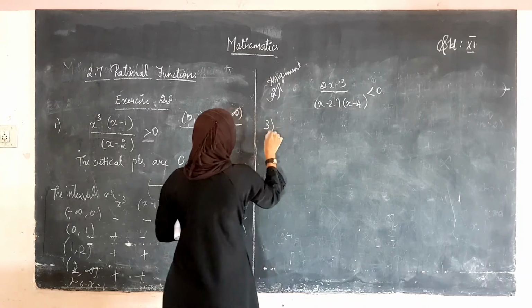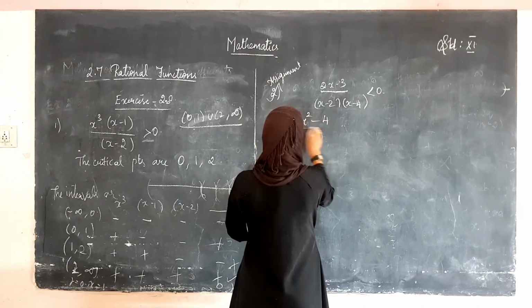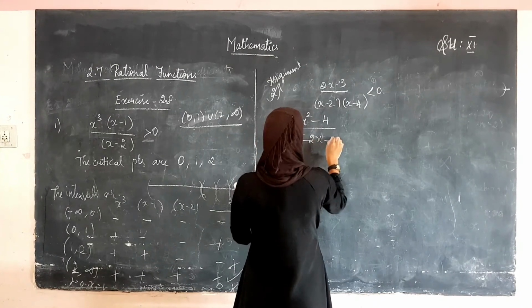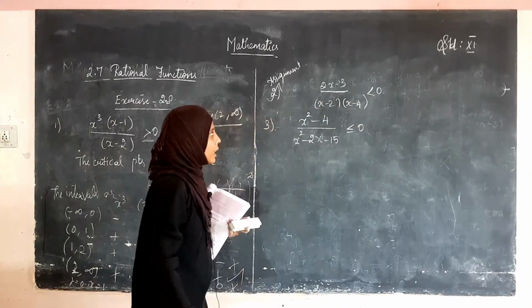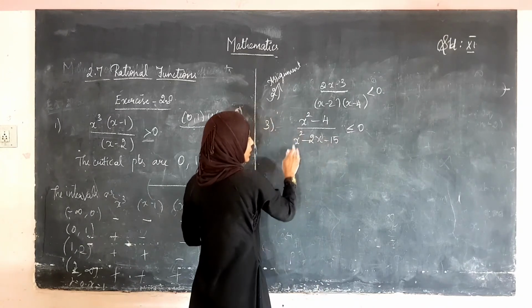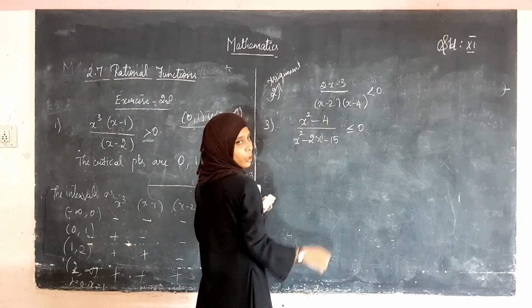Now the third sum, the last sum: (x square minus 4) divided by (x square minus 2x minus 15) is less than or equal to 0. See here, in the right hand side we have 0. So the next step you have to factorize this. This is in the format of a square minus b square, with 2 square.